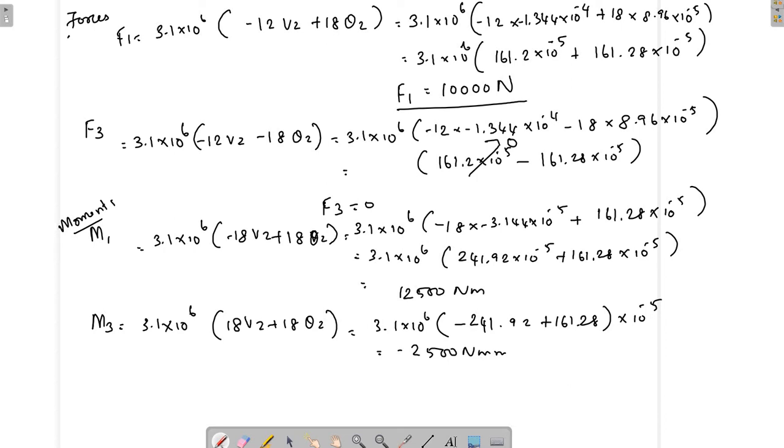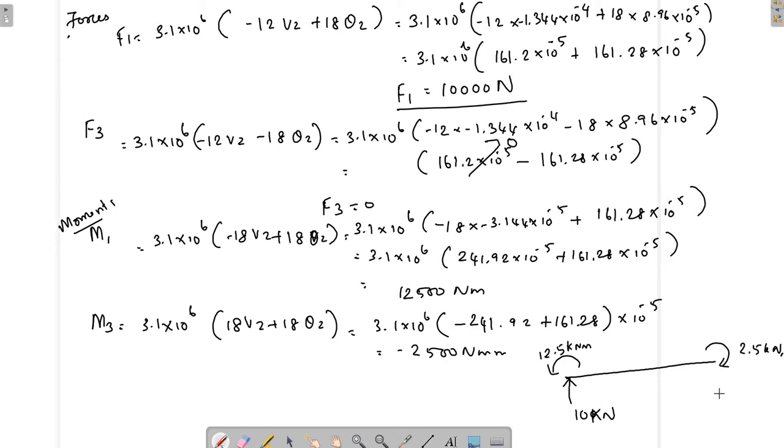So we can draw the force and moment diagram. We have the resistive force of 10,000 from the first value F1, it is 10 kilonewton. The moment here is 12,500 Newton meter, so I am writing in kilonewton meter: 12.5 kilonewton meter. In the M3 value it is negative, so you have to change the direction of the moment. It is 2.5 kilonewton meter.